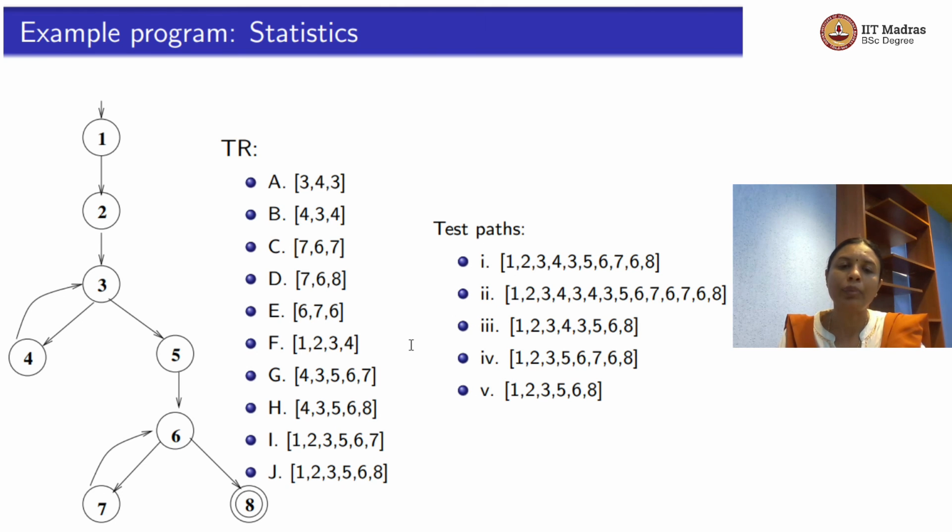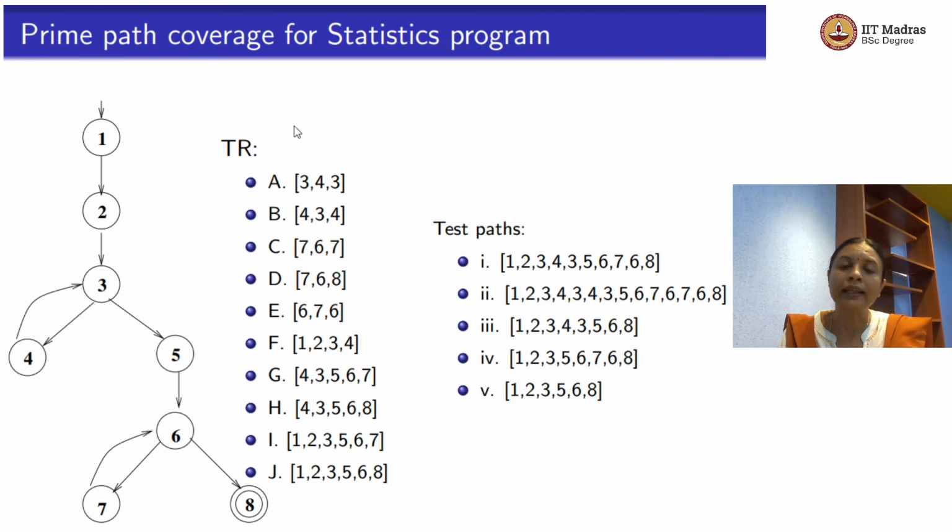Okay. Now prime path coverage. I have applied the algorithm to compute prime paths that we taught last week and listed all the prime paths here. It will be good for you to pause here and check whether these prime paths are indeed correct, which prime paths correspond to which loops and all that. See, for example, A, B, and then F correspond to repeated iterations of the 3, 4 loop.